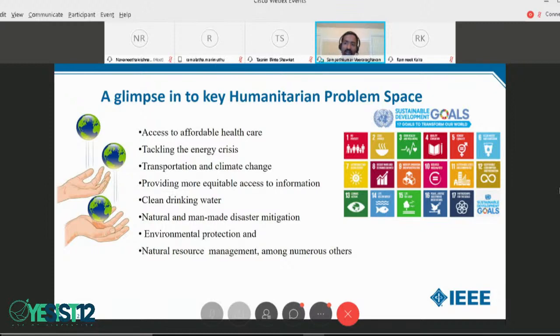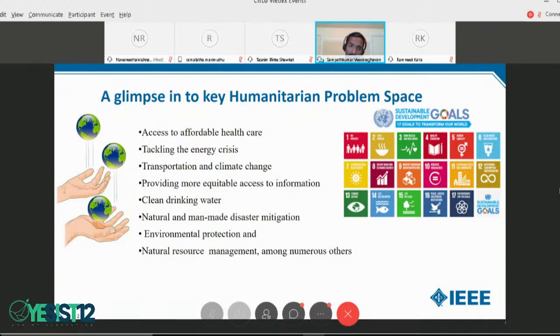There are about 17 goals right now. The goals are created in such a way that these are some of the pressing, significant challenges that the UN as an organization wants both public and private stakeholders to join hands to address collectively. Some of them include, as you all know, providing access to affordable healthcare, and connecting the unconnected through electrification of low resource settings, especially for vulnerable communities.